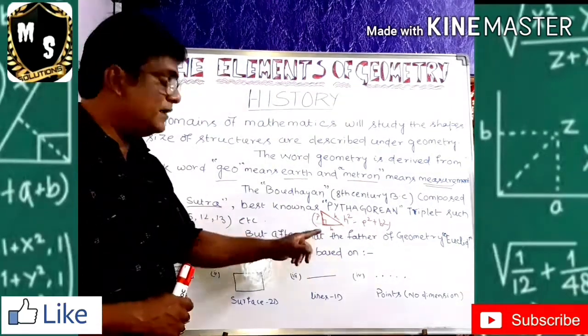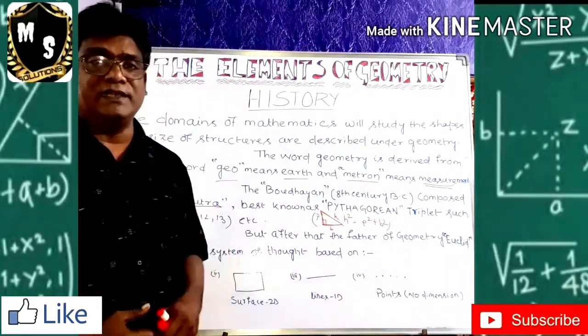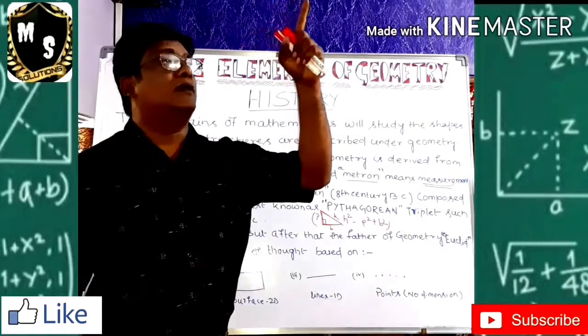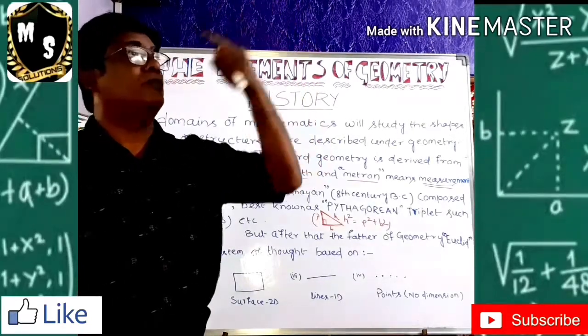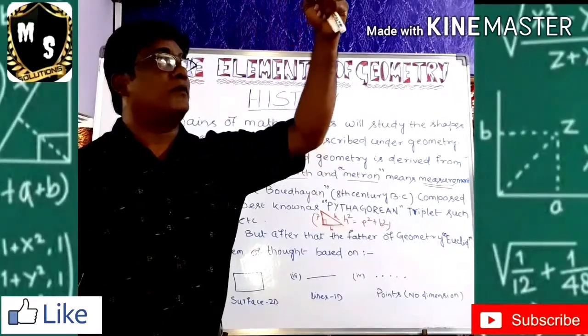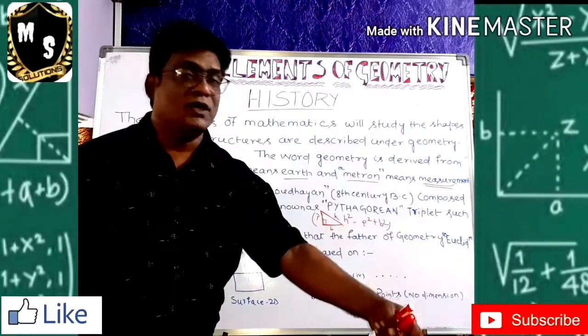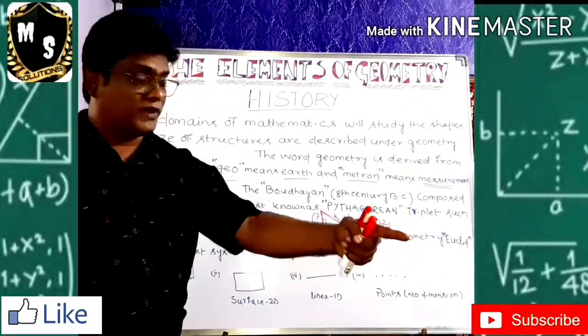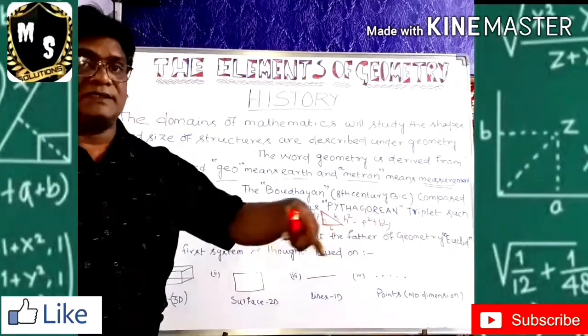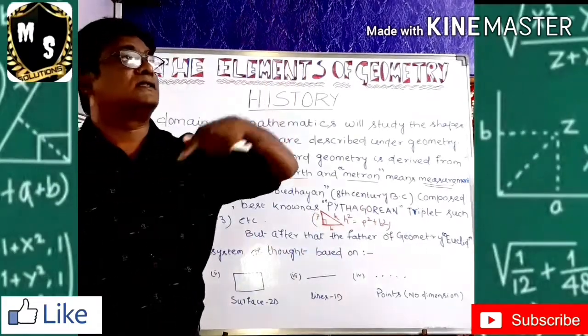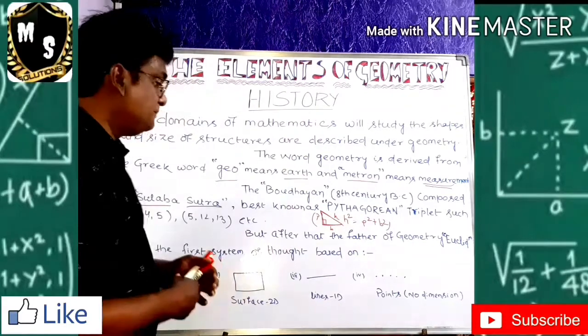What is the geometry behind this? Suppose we are sitting here looking at a mountain. If I drop a perpendicular from the top of the mountain to the ground, that is my perpendicular, and from there to me is the base, and I can find the largest side by calculating with this triplet.